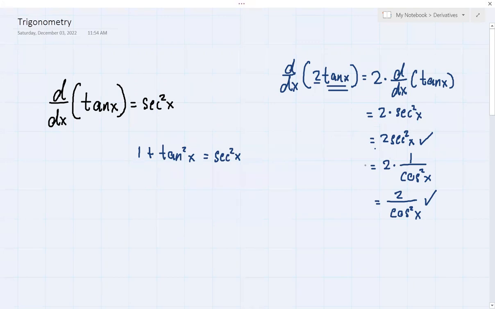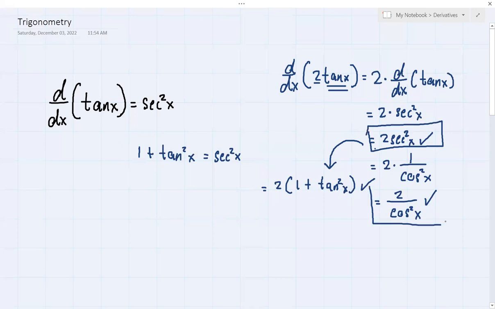So, hence, we can have 2 times quantity 1 plus tangent squared of x. So, pwede rin to. So, you can have this as your final answer, this one as your final answer, or this one. Mamili lang kayo sa tatlo. Because 3 of them are correct.